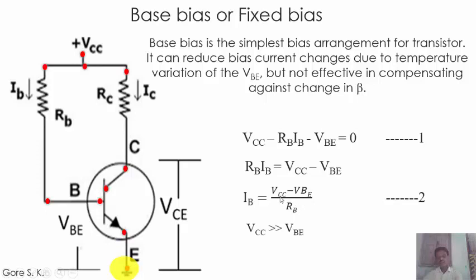Suppose this is equation number 2. Here the value of VCC is very much greater than VBE, so we can neglect VBE from this equation. Therefore, equation number 2 becomes IB is equal to VCC divided by RB. This is the equation for the base current. So we know the input current, that is IB, depends upon VCC and RB.